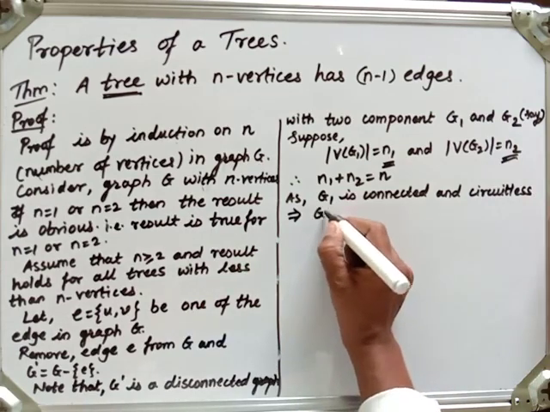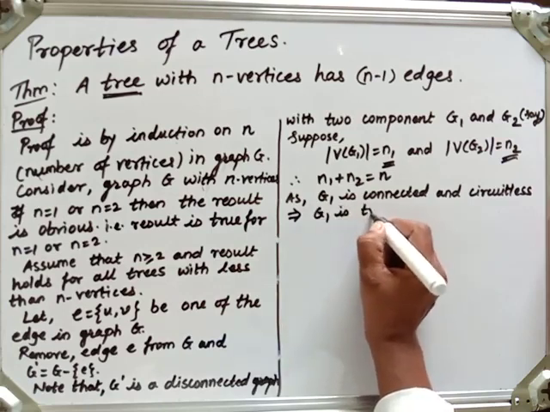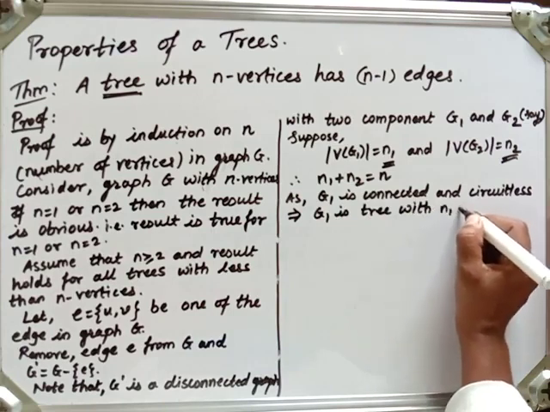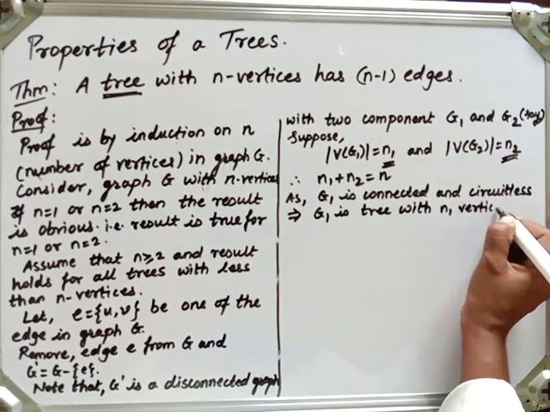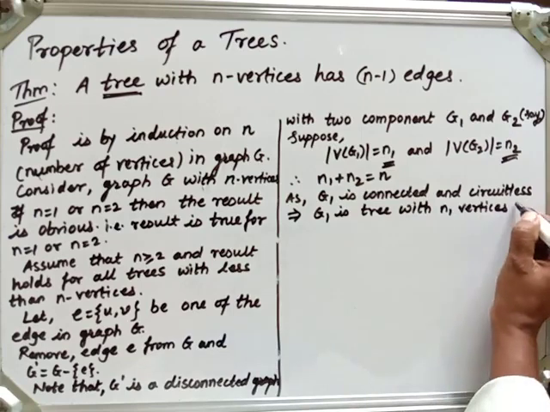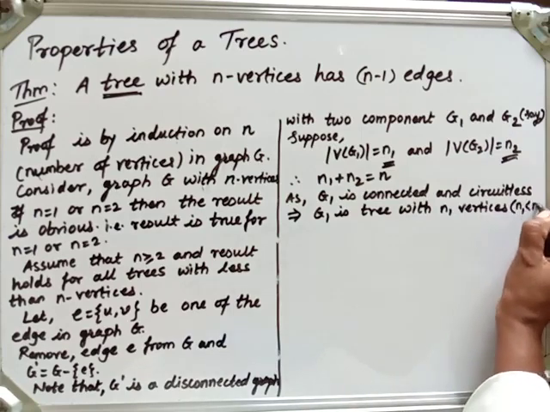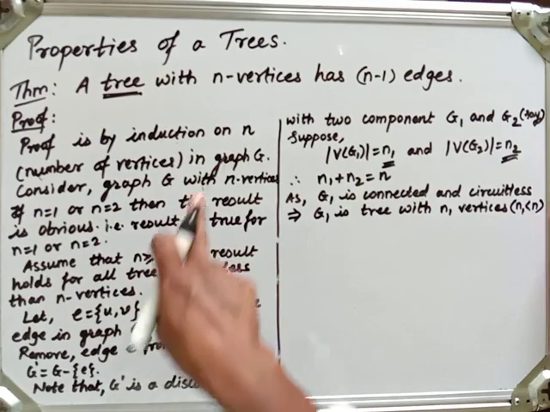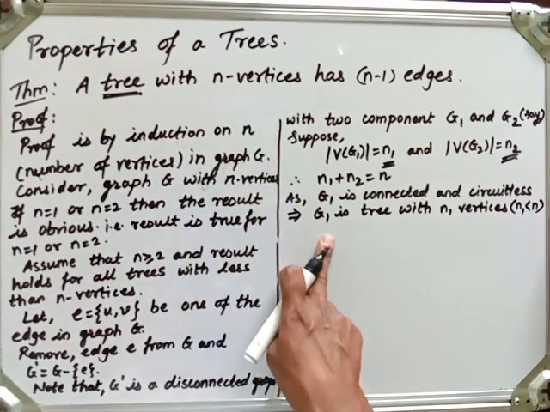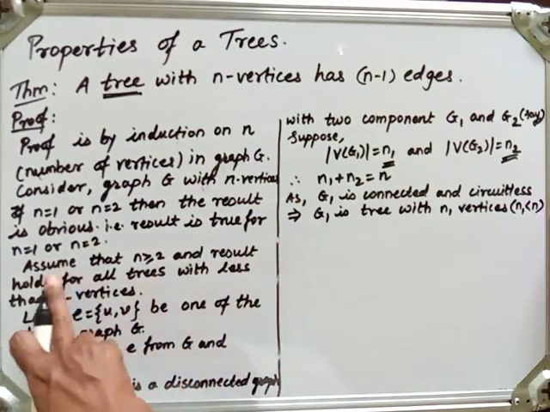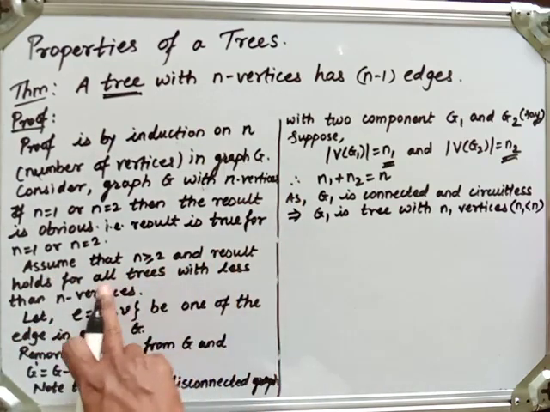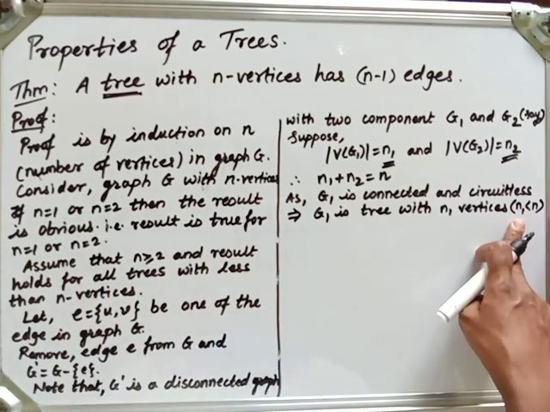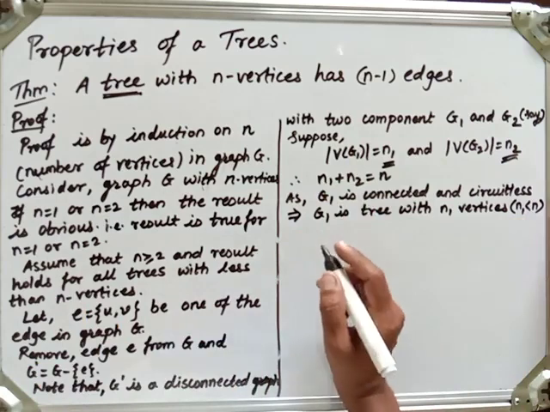So that gives G1 is a tree with N1 vertices, and that N1 is less than N. If it is less than N, then the given result is true for it. Because we have written that we assume the result holds for all trees with fewer than N vertices. Now you know N1 is less than N, so our result is true for it.